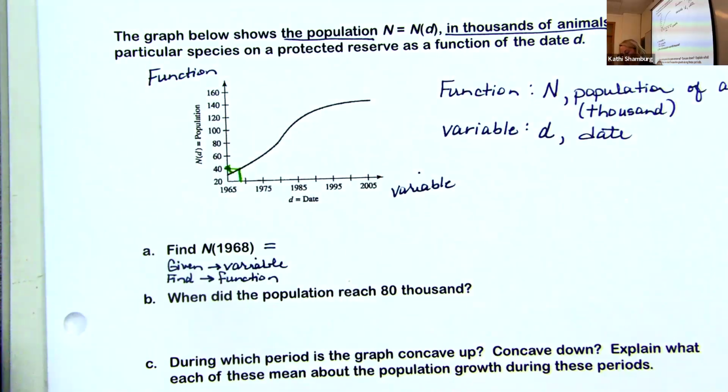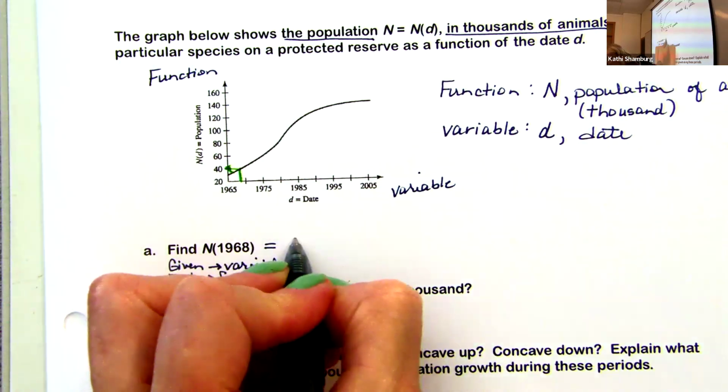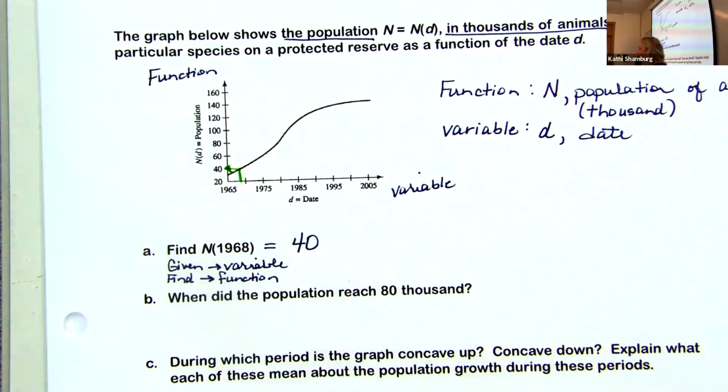So if you write equals 40, I'm going to count some points off. Why? Because it's 40 what? Thousand.